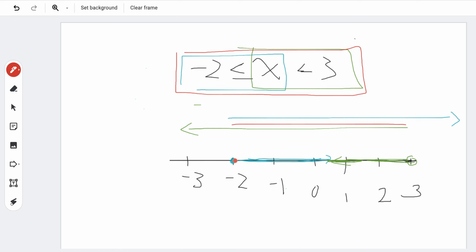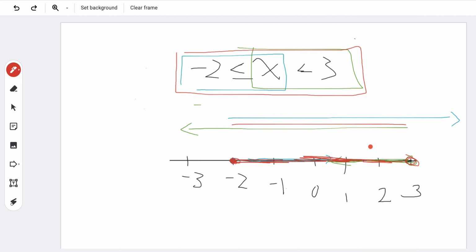So how we draw this number line is we do a closed circle on -2, a line all the way up to 3, and an open circle on 3. So what we did there was we merged the two inequality graphs together, since the red bit is the common bit between the blue and the green. And so there you go. That's how you graph a simple inequality.